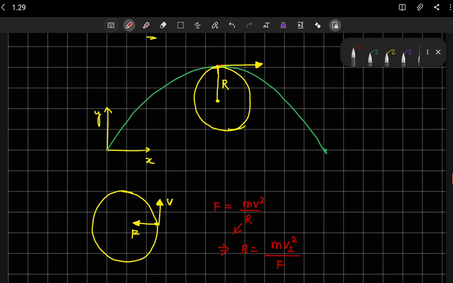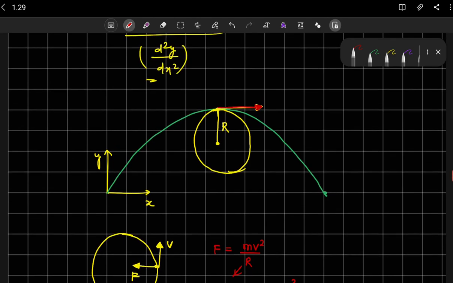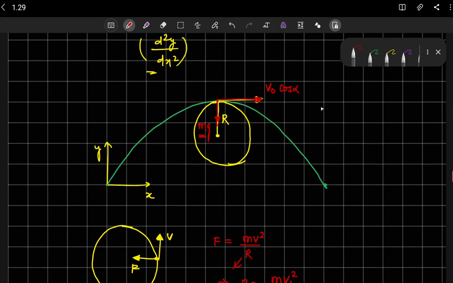Now what is the velocity in this direction at this point? The velocity is v0 cos α. And what is the force acting in this direction? That is mg, always. So the radius of curvature at the highest point is mv²/F, that is, m v0² cos² α divided by mg.